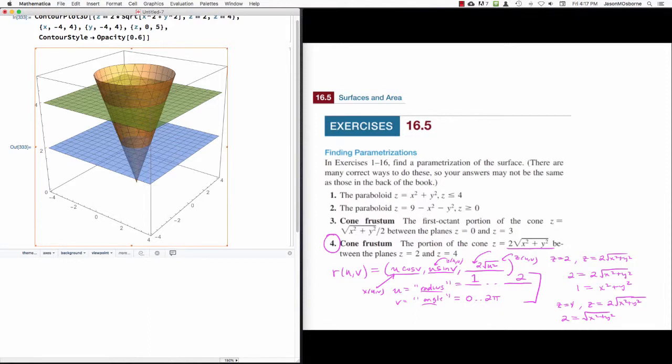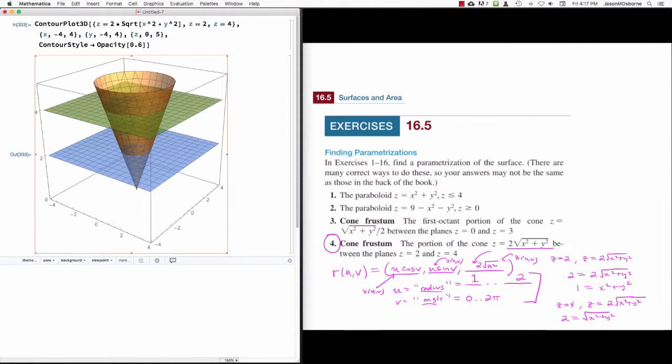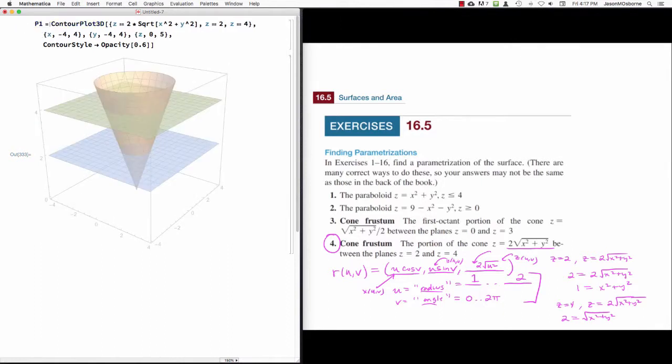All that remains now is just to check that we've got the right answer. There's the first plot.